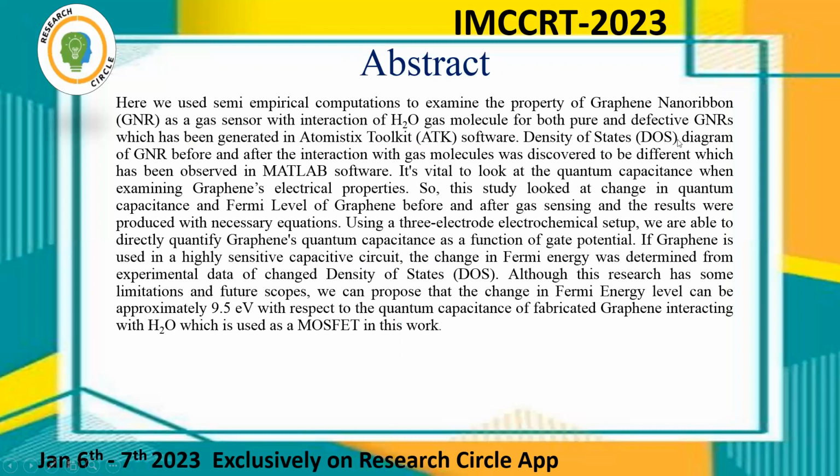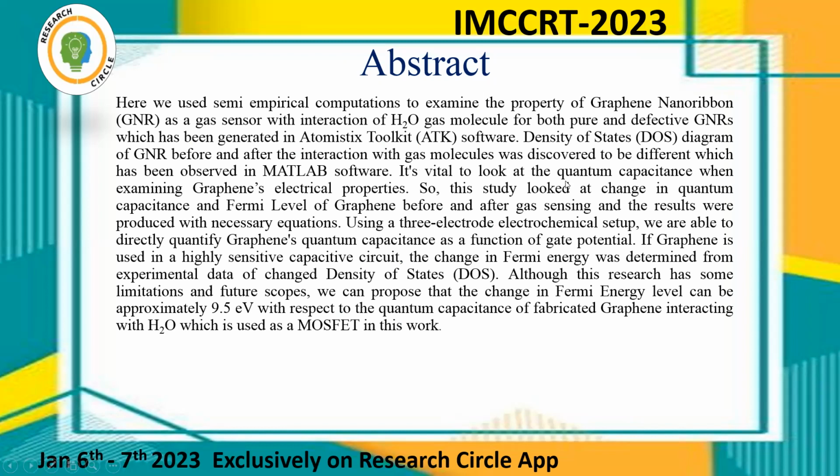Density of states DOS diagram of GNR or graphene before and after the interaction with gas molecules were discovered to be different, which has been observed in MATLAB software. Density of states refers to the number of different states at a particular level, and in those levels, electrons are allowed to occupy.